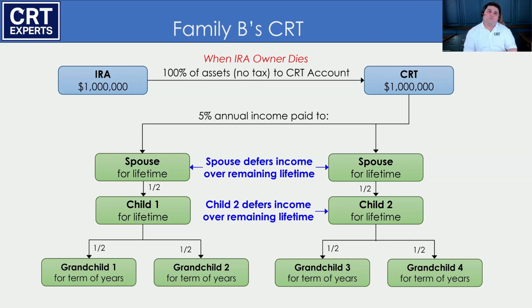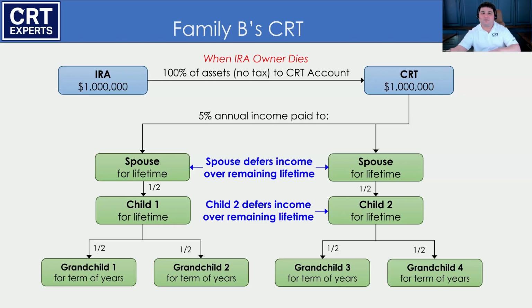Another reason, and we see this a fair amount too, is the donor anticipates this child is going to want the income. I know that. I don't think that child or these kids will. They would rather just keep deferring. If my spouse is the initial income beneficiary and she's deferring, then it's going to go down to the kids.